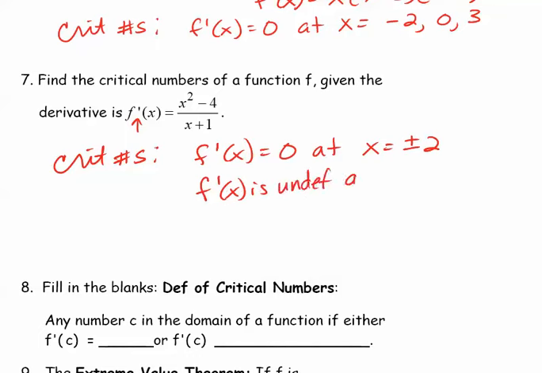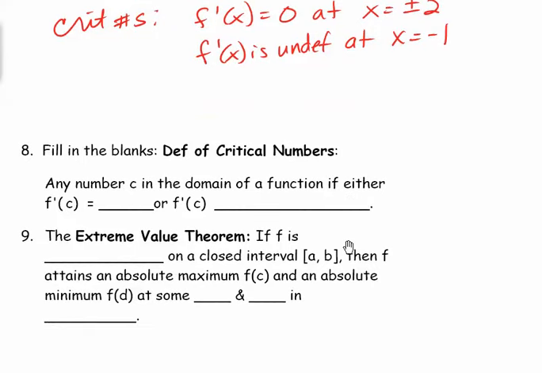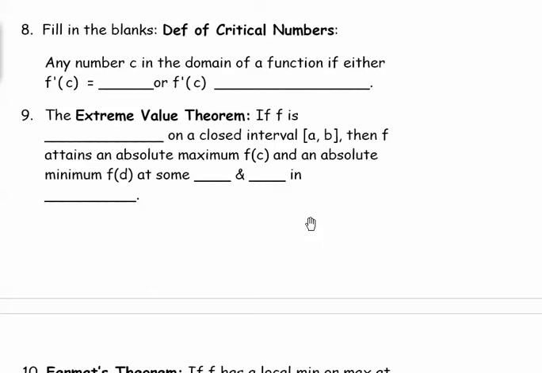There's a vertical asymptote, in other words, at -1. The importance of those undefined values is that concavity can change around an asymptote. We can switch from rising to falling, so the undefined values are important as well as the places where the first derivative is equal to 0.